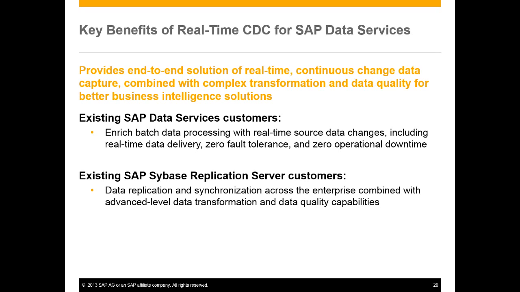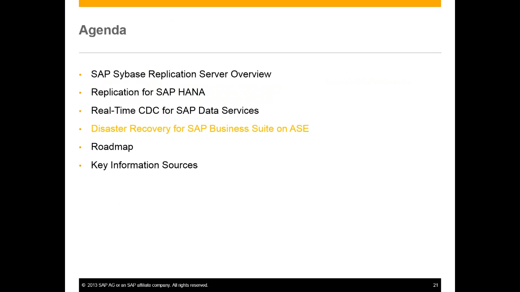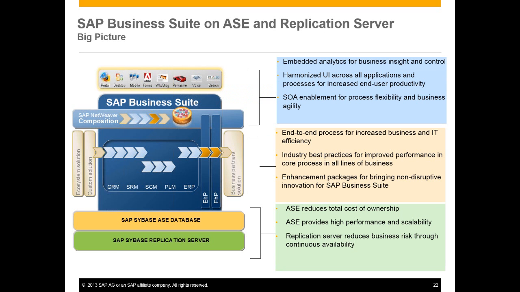The next one is what we call DR, the disaster recovery for Business Suite on top of ASE. So Peter, can you go to slide number 22? What's on slide number 22 is that Business Suite has been in the market for more than 40 years, and it is the market-leading ERP system.